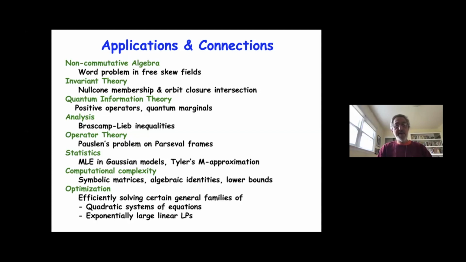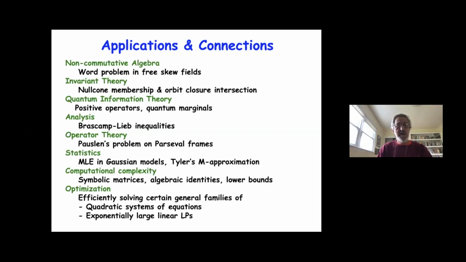Of course, for me, the motivation was computational complexity, trying to prove lower bounds and connections to de-randomization, which we will discuss. And finally, optimization, or algorithms, which I don't do so much of, turns out to be very important here.